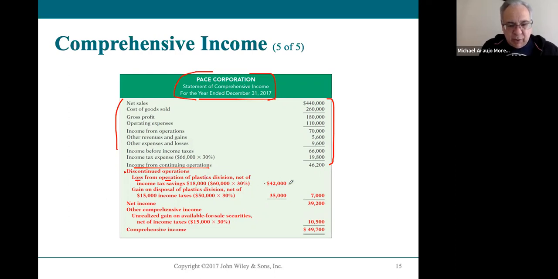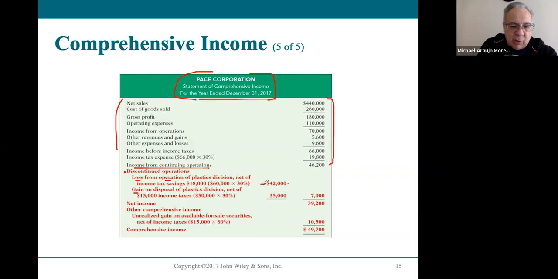Their loss was $60,000 minus their tax savings, so $42,000 is a loss. However, when they sold off the assets of that division, they made a gain. And so they had to report a gain.